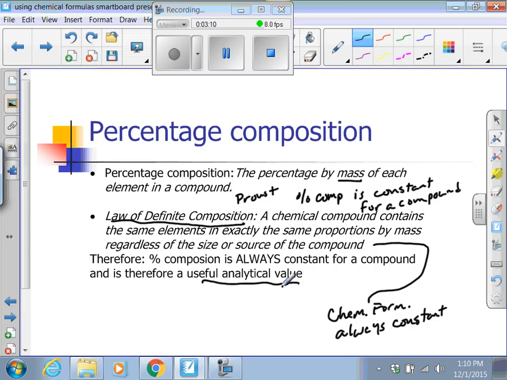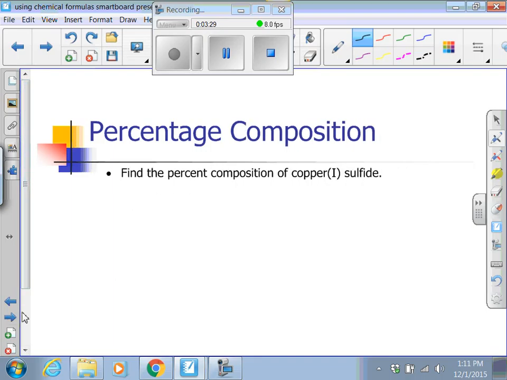If we think it's glucose, for instance, C6H12O6, we can analyze the carbon, hydrogen, and oxygen content, and if it matches glucose's content, that's a piece of evidence, at least, that it is glucose. If it doesn't match, then it's not glucose. So we can use it to identify unknowns as well as just finding out basic information.